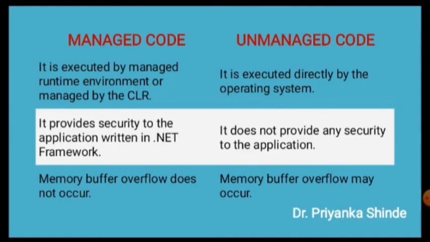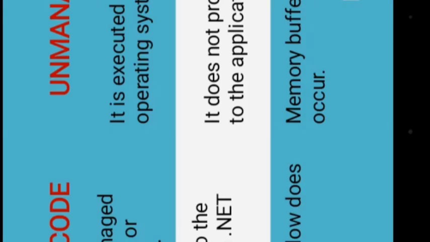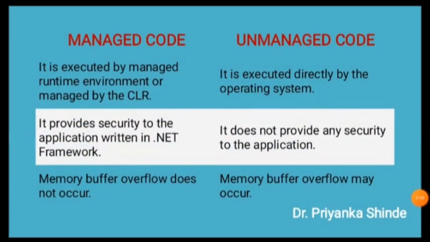So our next point is, here we differentiate managed code and unmanaged code. See, the first point is, managed code is executed by a managed runtime environment or managed by the CLR. And unmanaged code is executed directly by the operating system. This is the first difference.